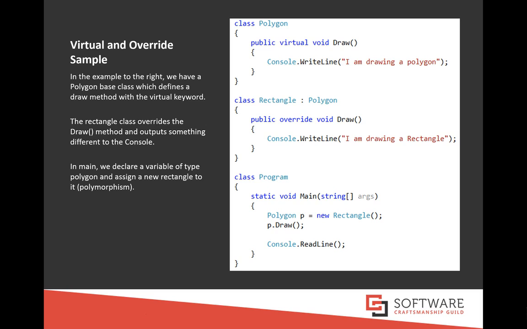So those types are equivalent. They're compatible. Even though it's a type of polygon, when we do p.draw, it's going to print, I am drawing a rectangle, because P is a rectangle and draw has been overridden.